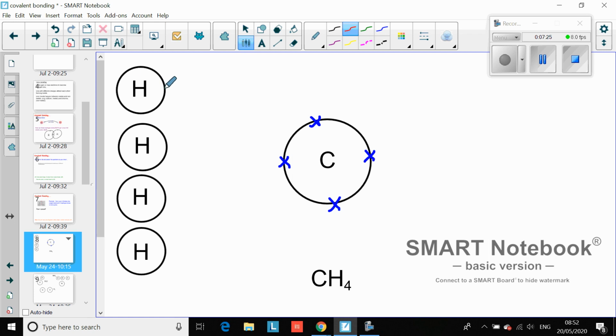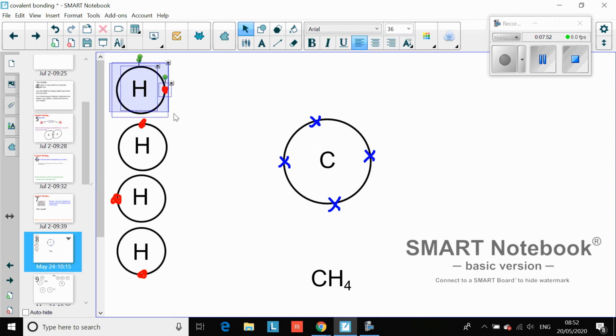So draw 1 there, 2 on there, an electron there, and an electron there. Okay, so what we're going to do to form this chemical CH4, here is what happens.